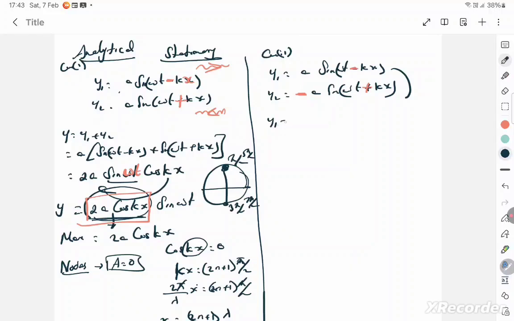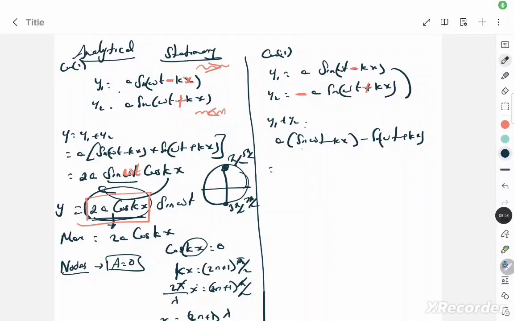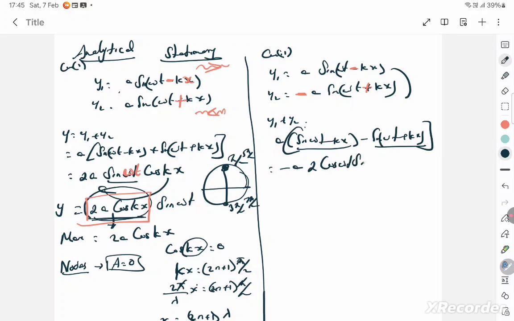In this you need to do the analytical treatment y1 plus y2. You get a into sine omega t minus kx minus sine omega t plus kx, which is like sine a minus b minus sine a plus b, which comes with a minus sign, and a 2 cos a sine b.